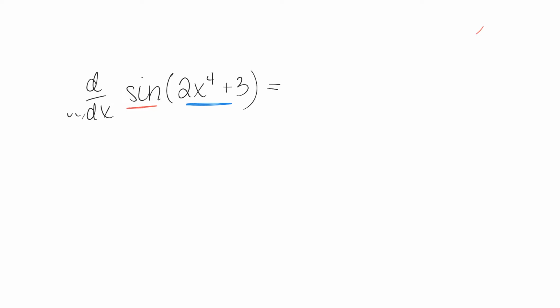Let's throw a tiny little baby wrench in. What about the derivative of sine of 2x to the 4th plus 3? Really, it's the exact same thing. Our outside is sine. Our inside is 2x to the 4th plus 3. What is the derivative of sine? It is cosine of something.